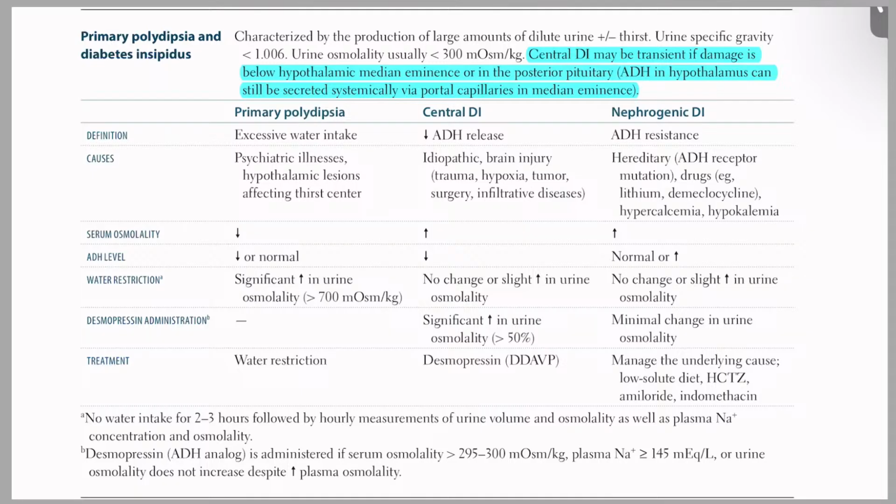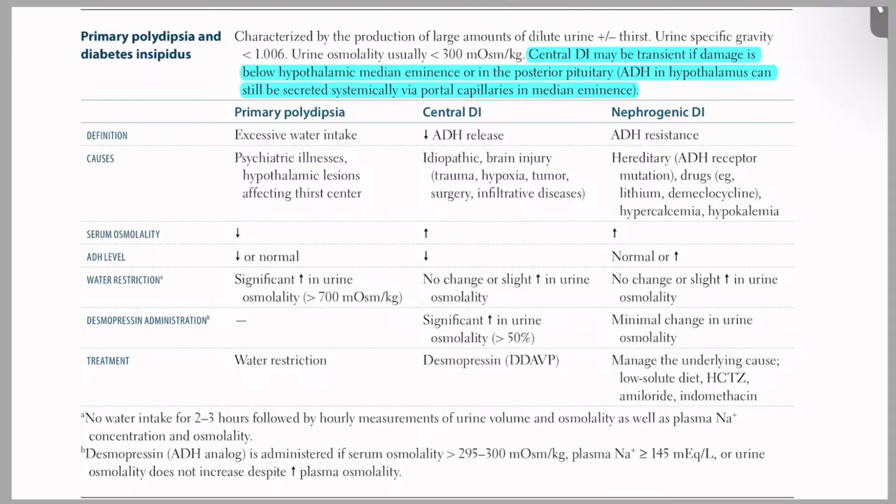With water restriction, no change or slightly increased urine osmolality. Desmopressin administration, significant increase in urine osmolality, more than 50%. Treatment, desmopressin.